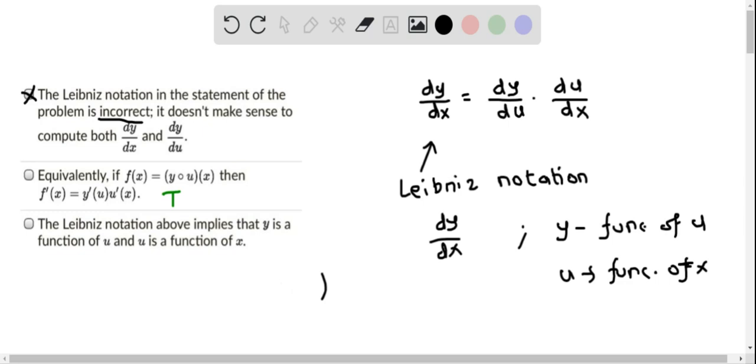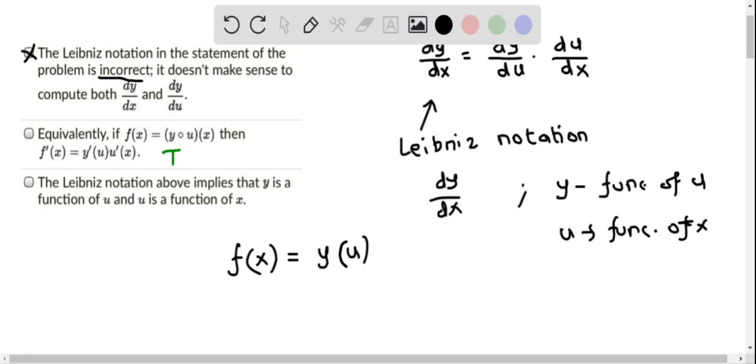It's not y. It is f of x, and this is y of u. That is, it is a function of u, where u is a function of x. This is a function of x.